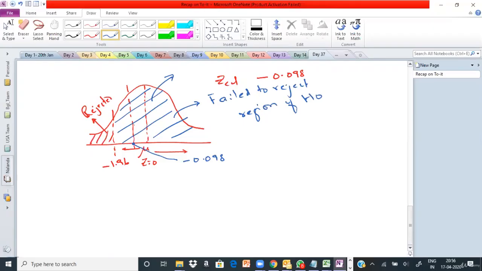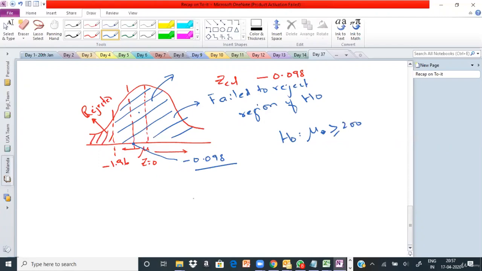So whatever your Z which you calculated right now, Z calculated is falling in the accepted region. That means you are accepting H0. What is H0? H0 said your mu is greater than or equal to 200.